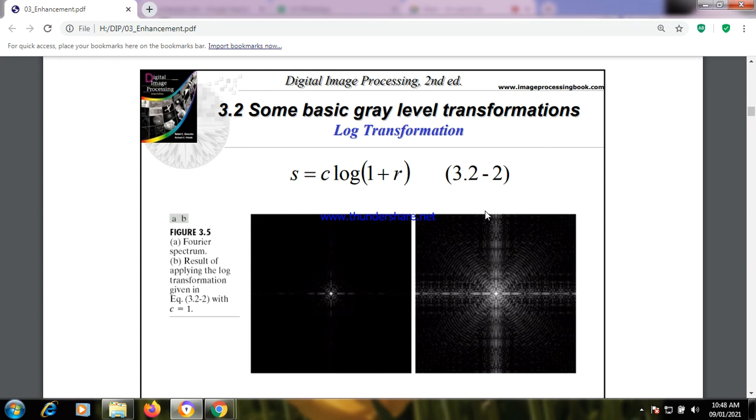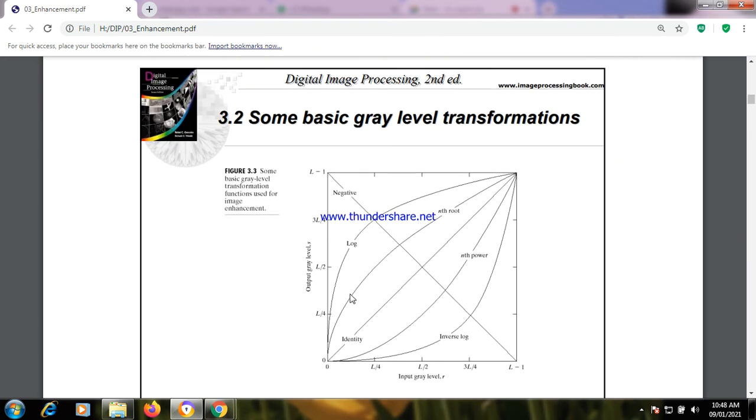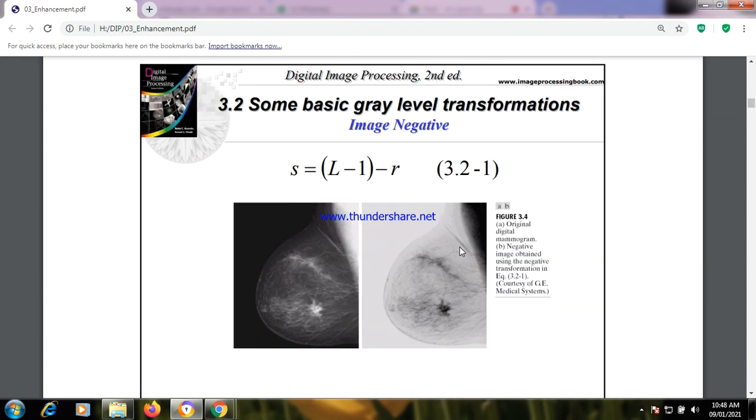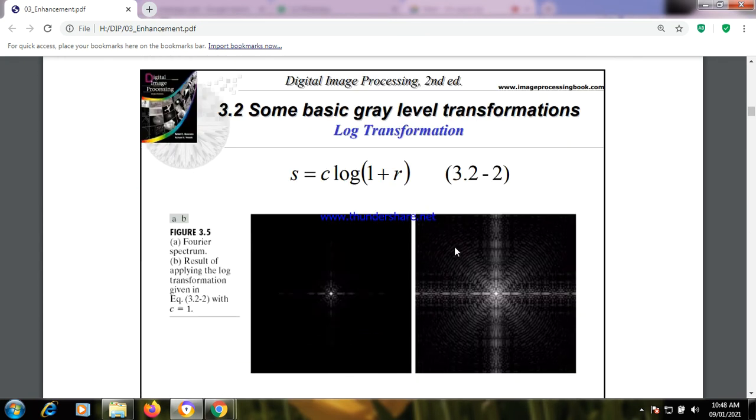Next we have log transformation. So you can observe here, this curve is indicating the log transformation. So in case of your log transformation, you can use this formula, S equal to C log of 1 plus R. Again R means it is the input gray level value in the original image, and S is the output gray level value.